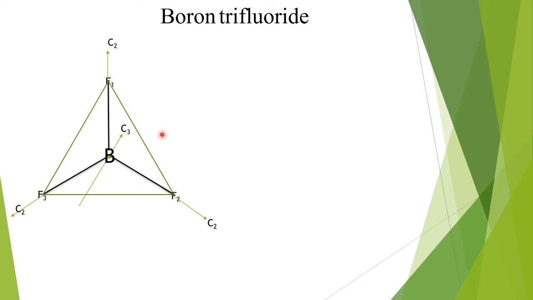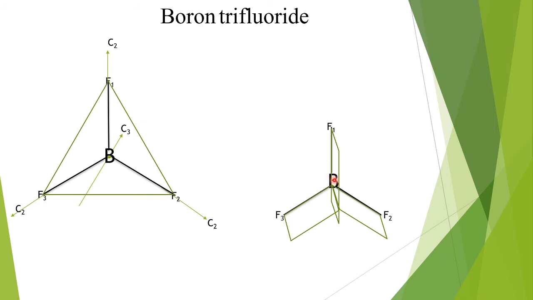We have to specify the principal axis because if there are any planes of symmetry, we should distinguish them. Okay, next we can see the planes of symmetry. This is the same molecule, boron trifluoride, and we can see the planes passing through boron and fluorine 1.